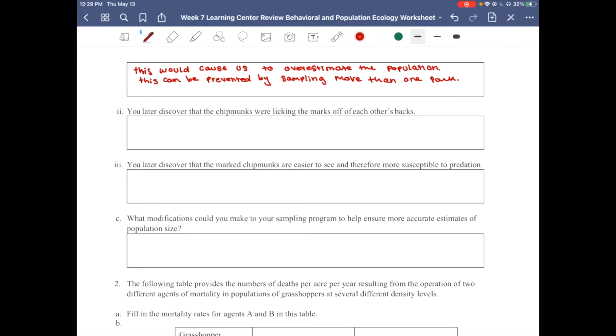As a result, our estimate of the population would be higher, because we're thinking that these are chipmunks that we hadn't caught before when in fact we did catch them before. We just lost our measuring tool, which was the mark. So in this situation as well, our estimate would be higher.